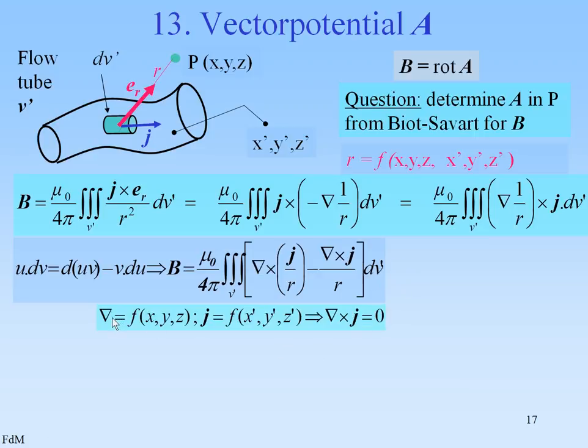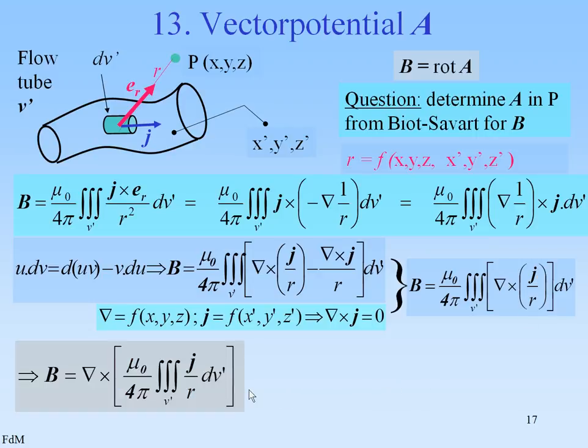However, since the nabla operator in the gradient is a function of x, y, z, and the J is a function of x prime, y prime, z prime only, the rotation of J will be 0. And this means that the B field will be given by the rotation of J over R.